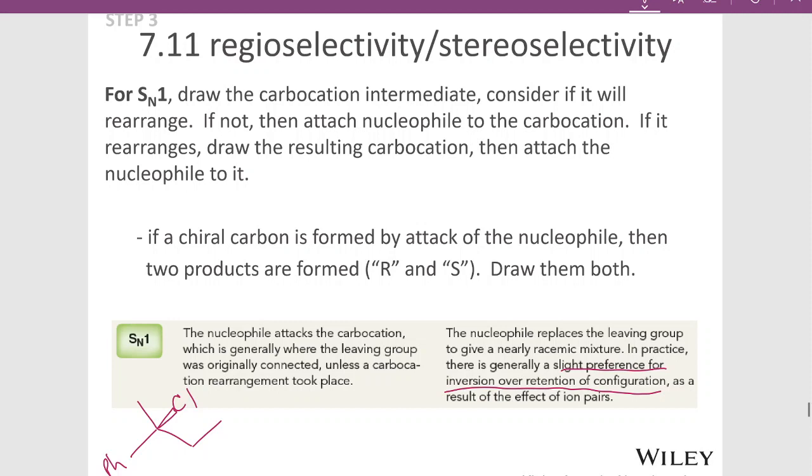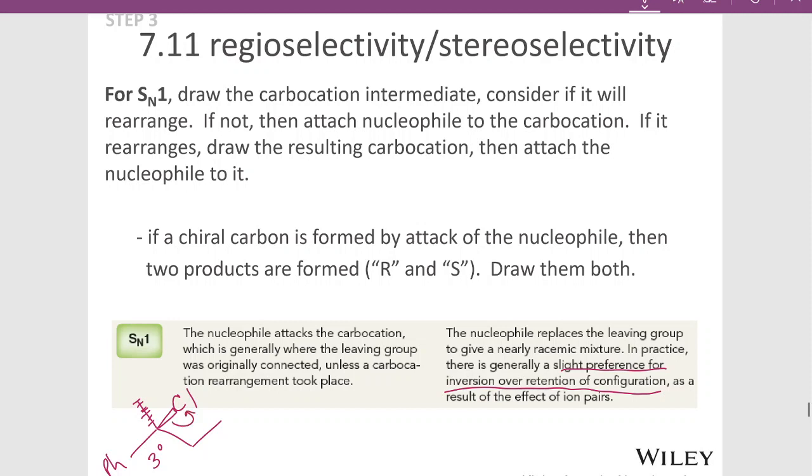So let's put our chlorine on a wedge and our methyl on a dash, okay? So let's say this is tertiary, so in fact it's benzylic. So we're only going to get substitution by SN1. So let's say we don't have a good base. We only can get SN1 reaction because this is tertiary.